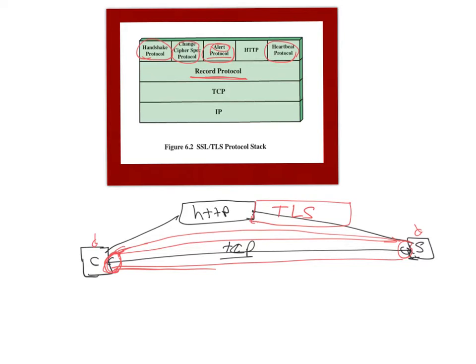Very briefly, the handshake protocol is the one responsible for negotiating all the security parameters for these control protocols and for the tunnel itself. This is the most important one. We'll talk about it at a later stage. The whole thing starts from the handshake protocol.